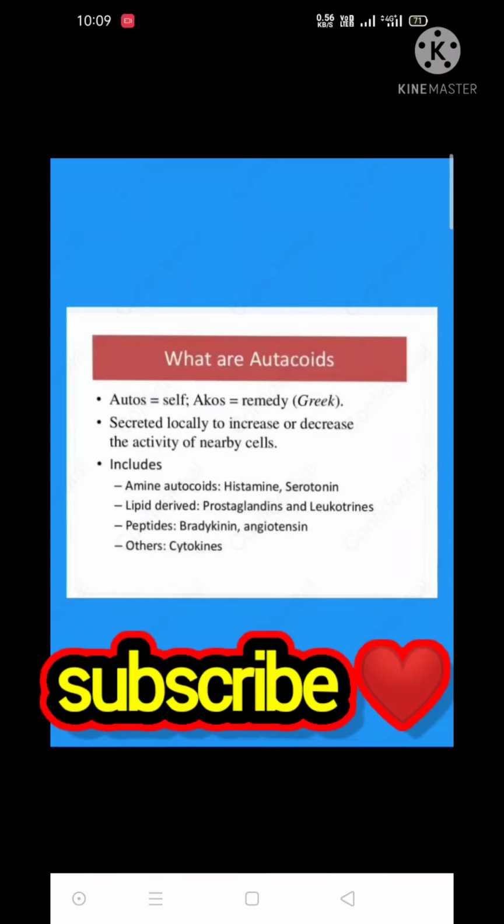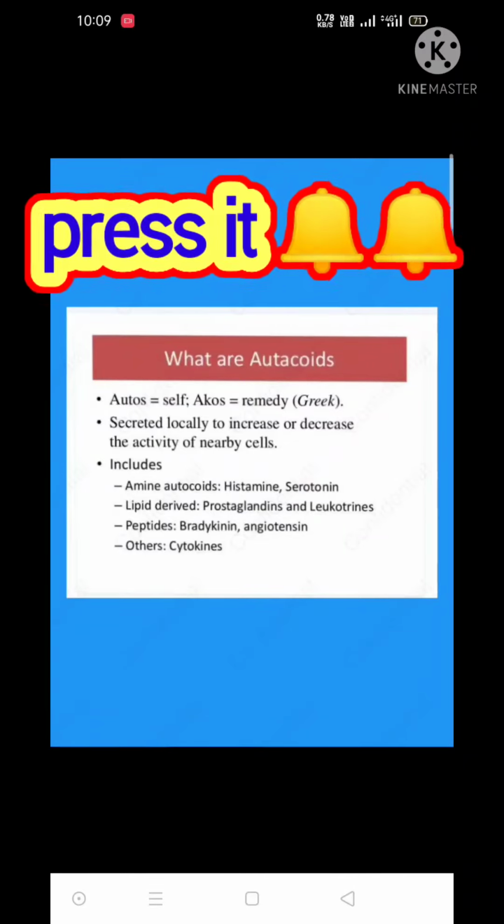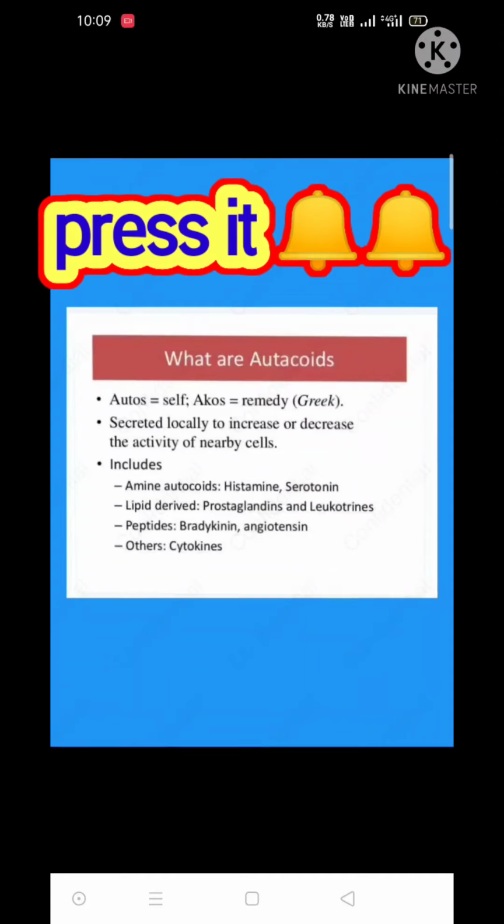Autacoids means self remedy. Second point, secreted locally to increase or decrease the activity of nearby cells, which means this is secreted locally, which increases or decreases the activity of nearby cells.